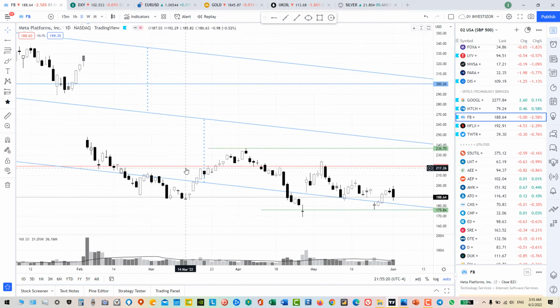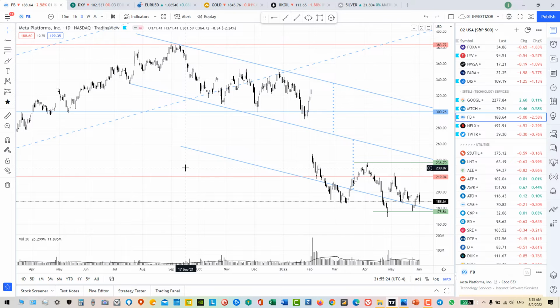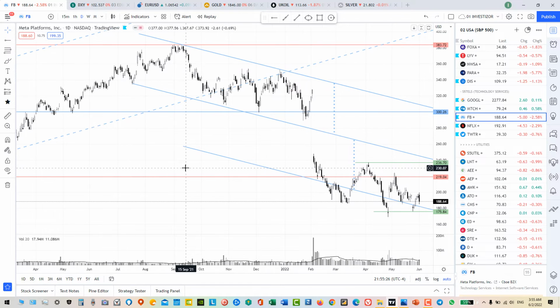Okay, let's zoom out a little bit and do some little forecasting. We can say now that Facebook is in a medium term, maybe a long term downtrend, very clear bearish environment over the long term picture.